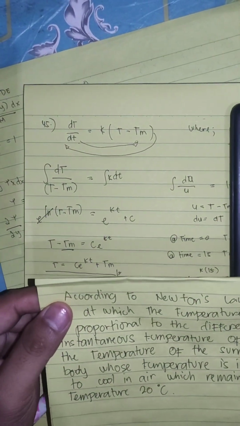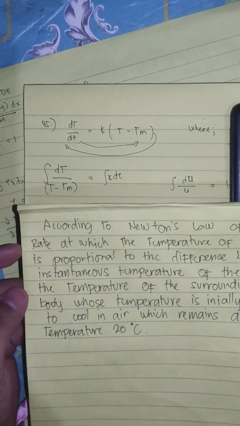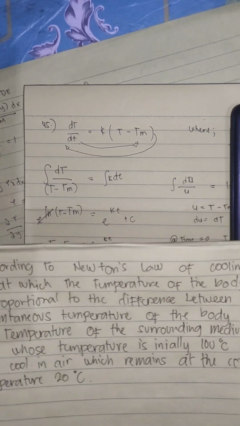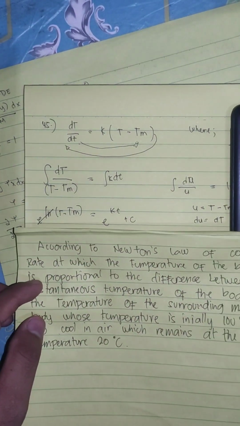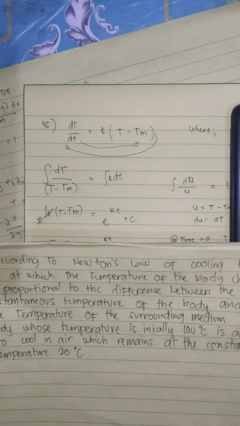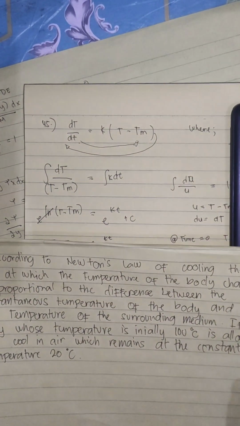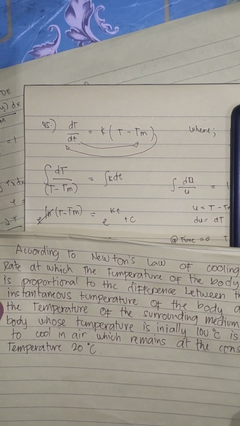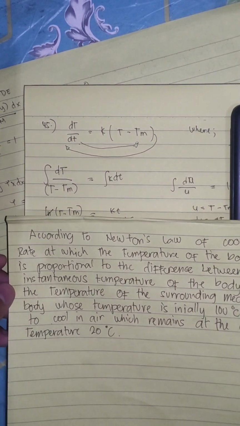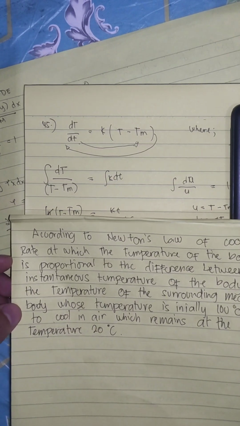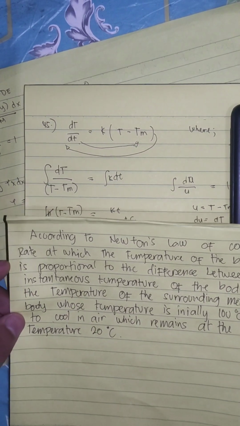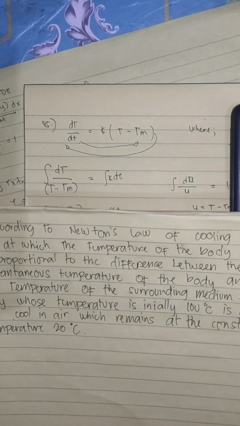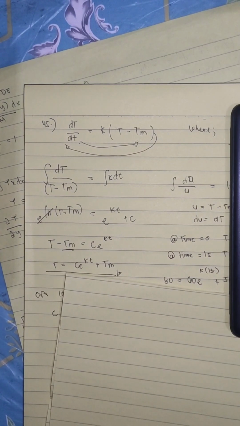According to Newton's law of cooling, the rate at which the temperature of the body changes is proportional to the difference between the instantaneous temperature of the body and the temperature of the surrounding medium. If a body whose temperature is initially 100 degrees Celsius is allowed to cool in air which remains at a constant temperature of 20.